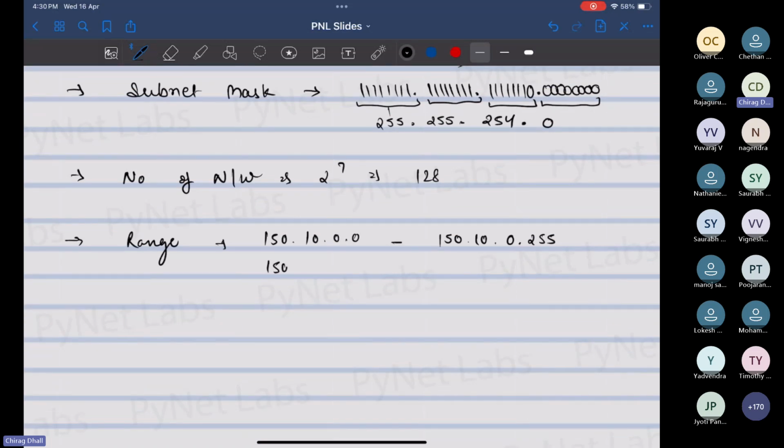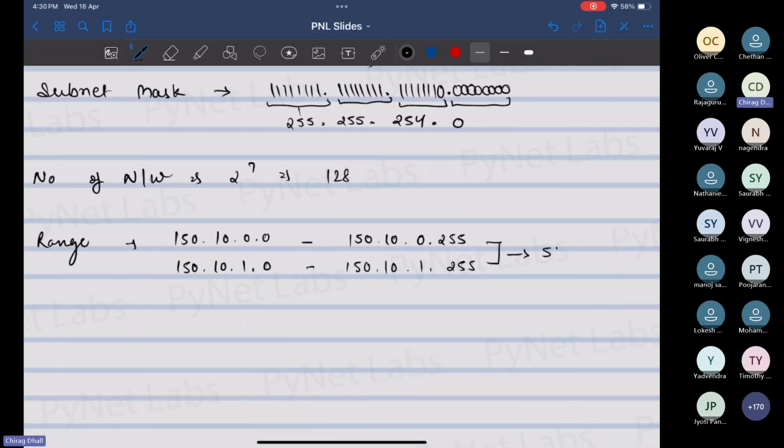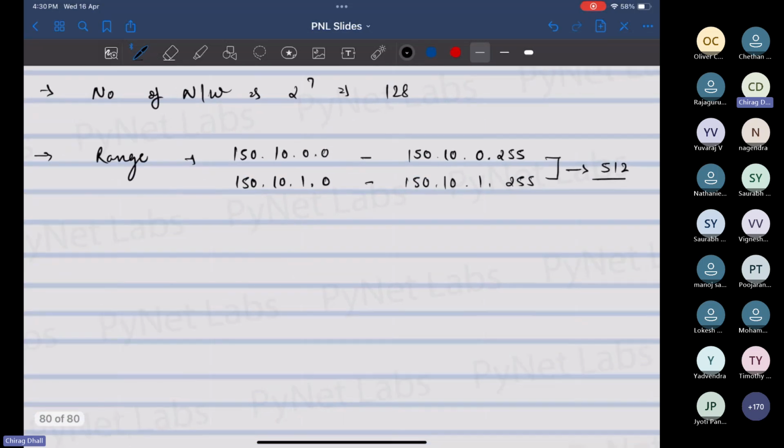These are going to be my first 256 addresses. Then the next one will be 150.10.1.0 to 150.10.1.255. Correct? If I combine them, I will get my original requirement fulfilled of 512 addresses. So a combined range of this would be 150.10.0.0 to 150.10.1.255.